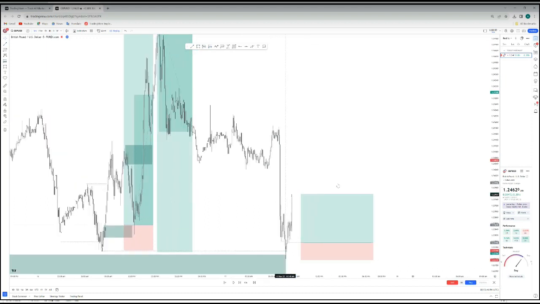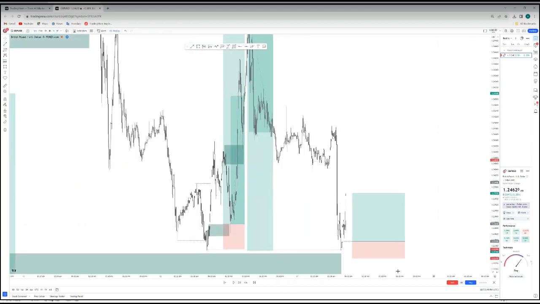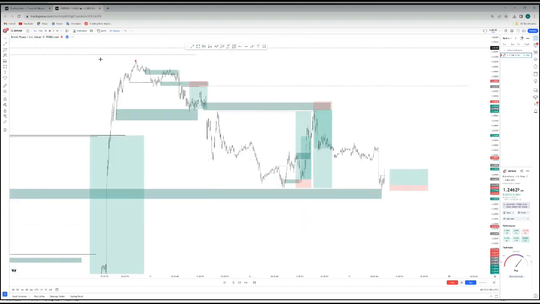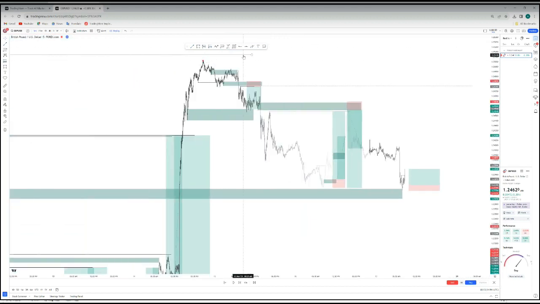Now, where am I going to? I'm not going higher to this area. Fine, I want price to take out this liquidity. But just to be on the safer side, I want price to get here. Price has reacted to this zone, right? So this is not valid anymore.